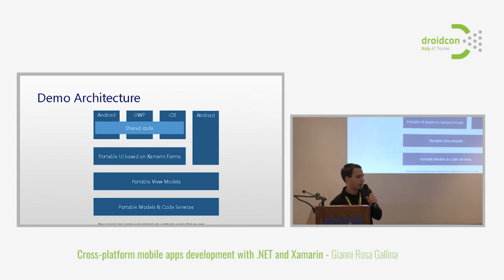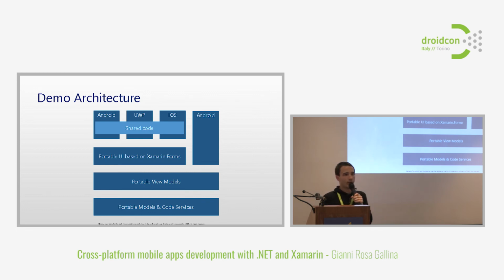I was showing you the architecture in Visual Studio, but as a diagram, let me try to explain what we've seen. So we have portable models and core services, which means we have the same business code shared across the 3 platforms. We have portable view models, which drive our UI.